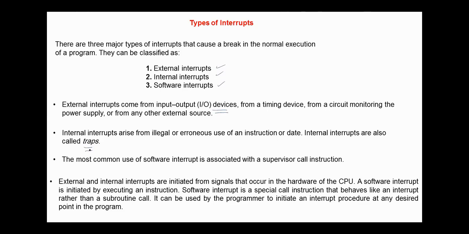External and internal interrupts are initiated from signals that occur in the hardware of the CPU. A software interrupt is initiated by executing an instruction. Software interrupt is a special call instruction that behaves like an interrupt rather than a subroutine call. It can be used by a programmer to initiate an interrupt procedure at any desired point in the program.